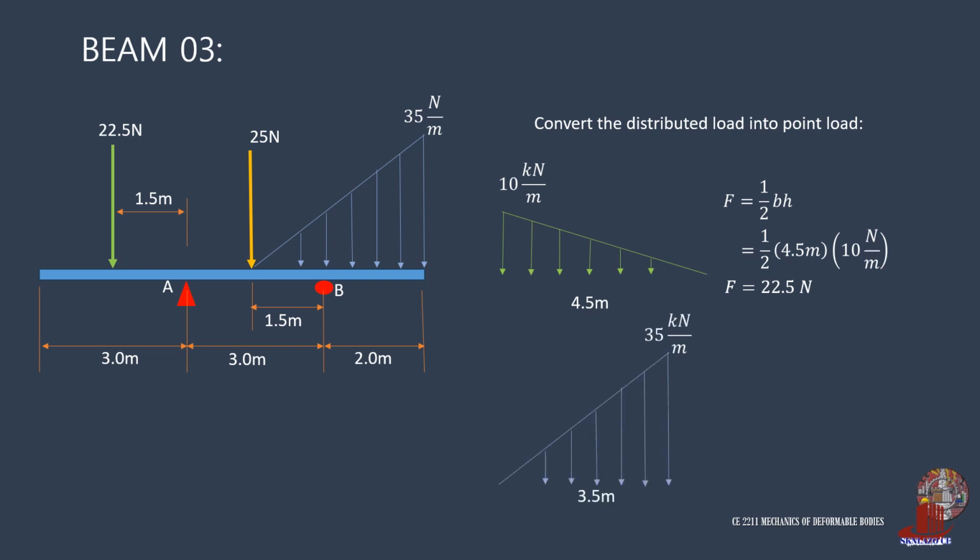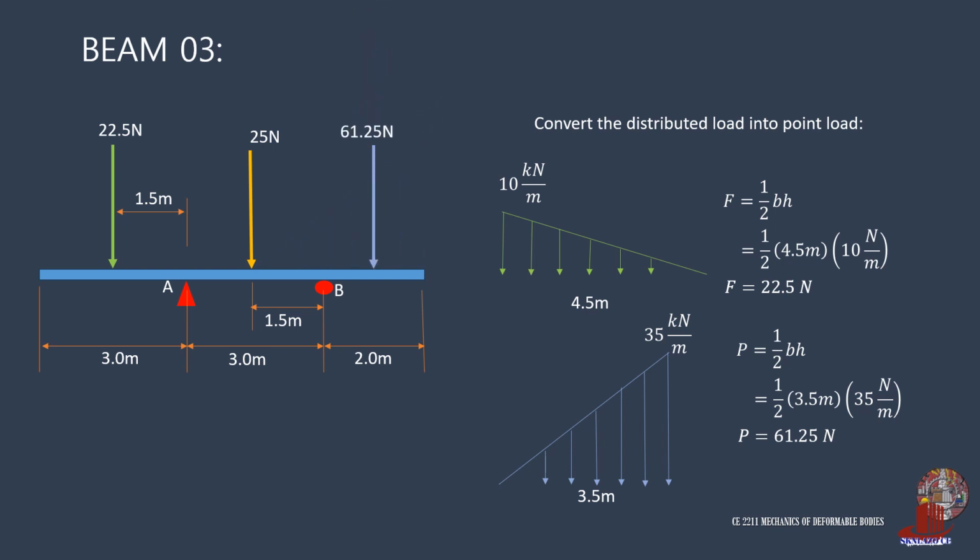The other distributed load is converted as P, which is half of 3.5 meters times 35 newtons per meter. P comes out as 61.25 newtons, applied 7/6 of a meter from point B or 0.833 meter.